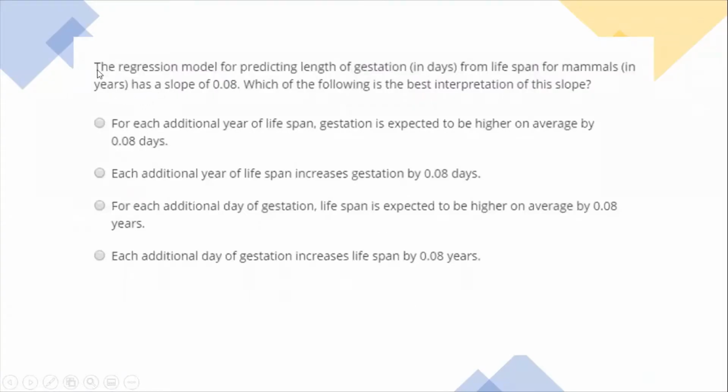Let's look at this. The regression model for predicting length of gestation in days from lifespan for mammals in years has a slope of 0.08. Which of the following is the best interpretation of this slope? We have options A, B, C, and D. For each additional year of lifespan, gestation is expected to be higher on average by 0.08 days.